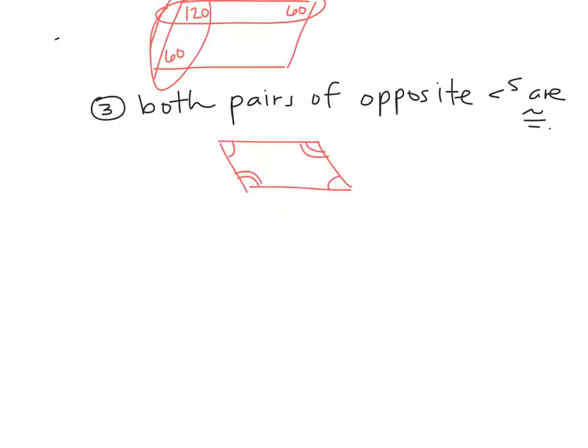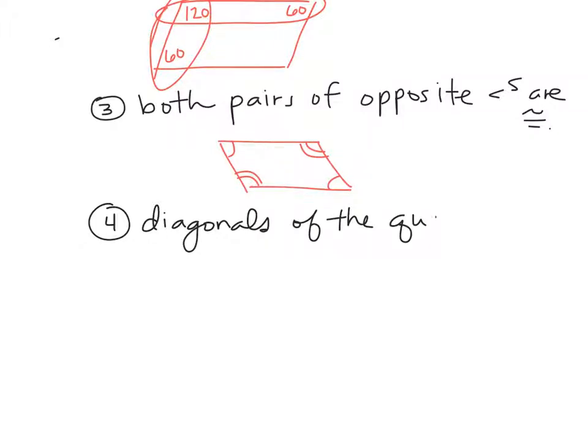Okay, fourth one. A quadrilateral is a parallelogram if the diagonals of the quadrilateral bisect each other.